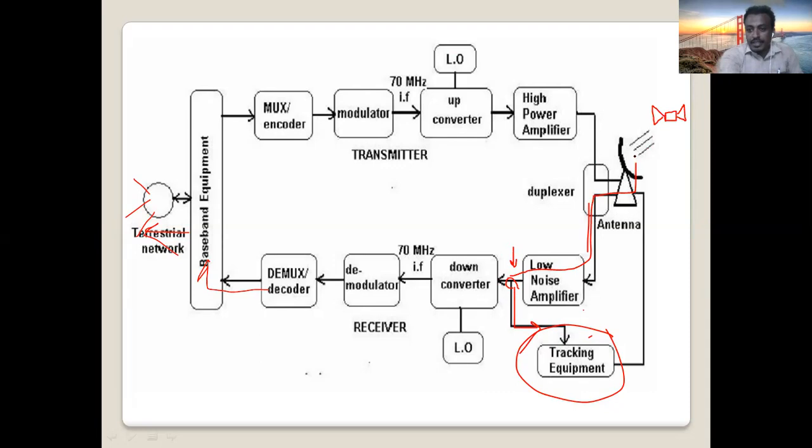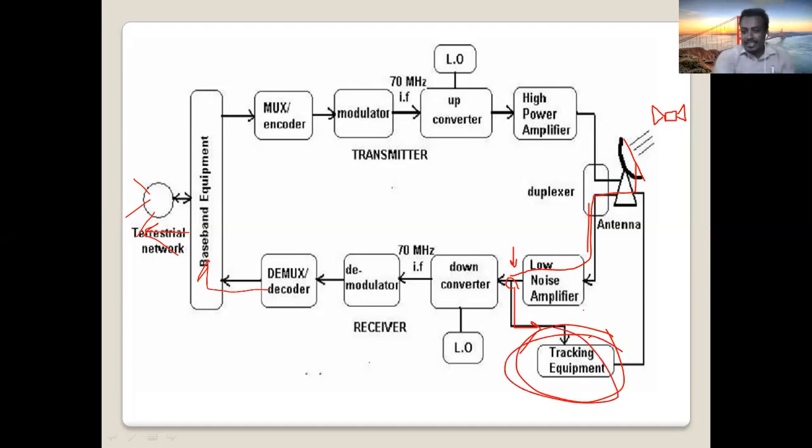The antenna on the ground must be adjusted in its position, moving it up, down, or left to right. Adjustment of the antenna must be performed by what? By this tracking equipment.